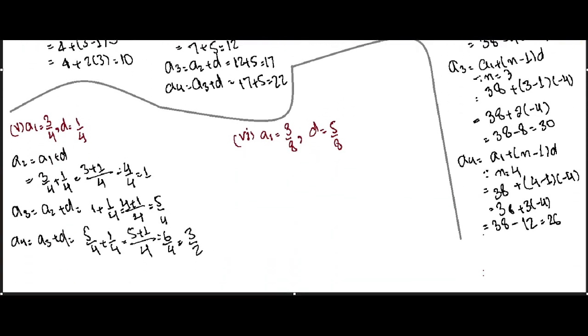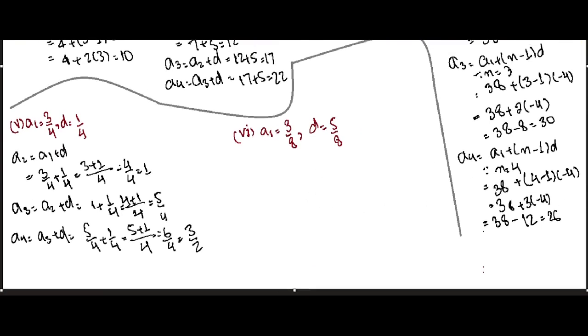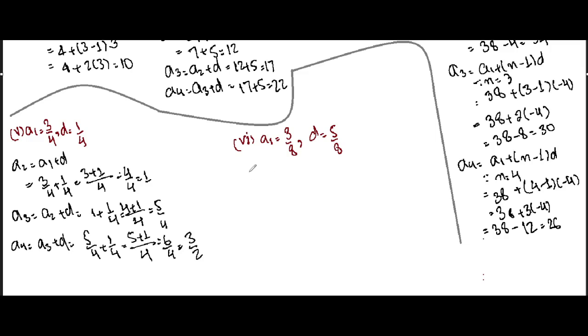So let's do it. A2 equals A1 plus D, which is equal to A1 is 3 by 8 plus D is 5 by 8, which is equal to 3 plus 5 whole divided by LCM, which is 8. So 3 plus 5 is 8 by 8, which is equal to 1.